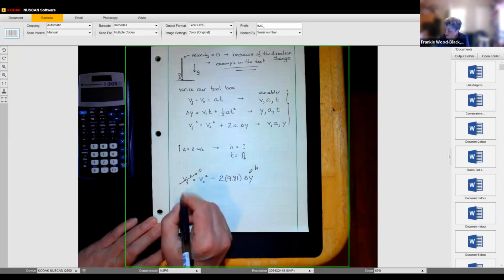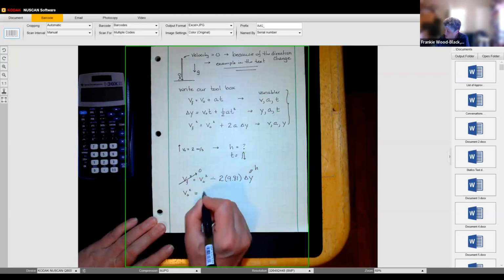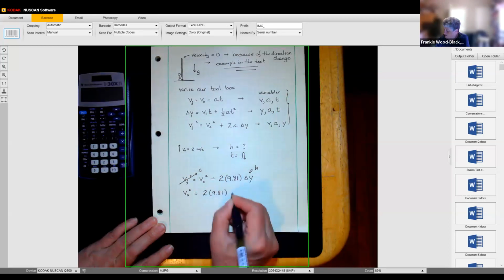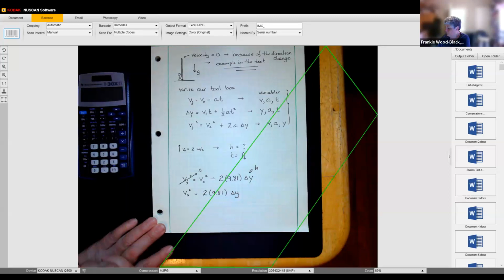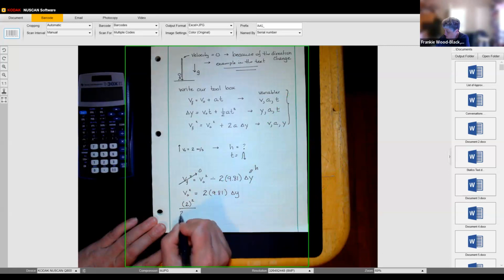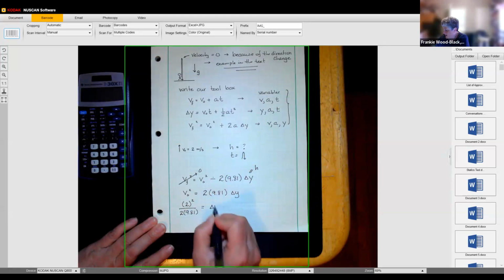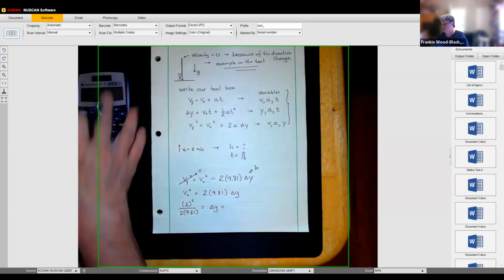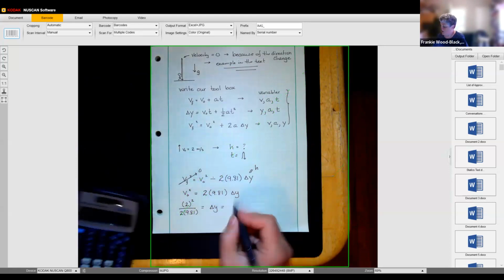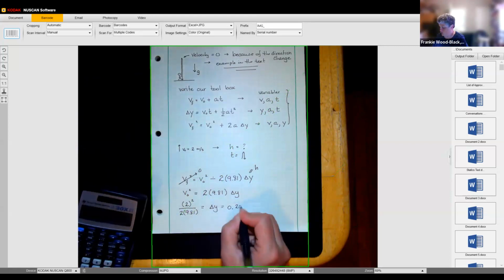So I'm going to get velocity squared is equal to 2 times 9.81 times my change in height. So I'm going to get my 2 meters per second squared divided by 2 divided by 9.81 is going to equal my change in height. I'm going to have 4 divided by 2 times 9.81. This gives me that it only went up 2.04 meters.